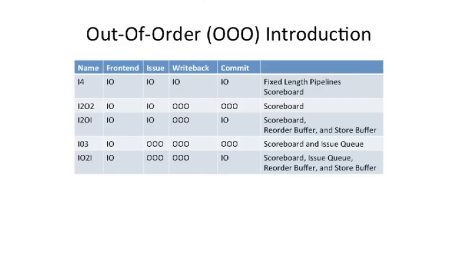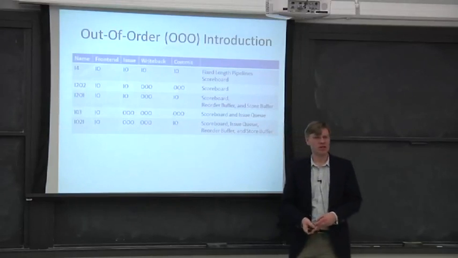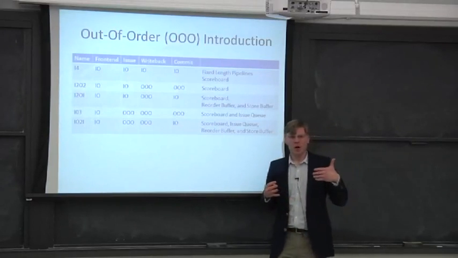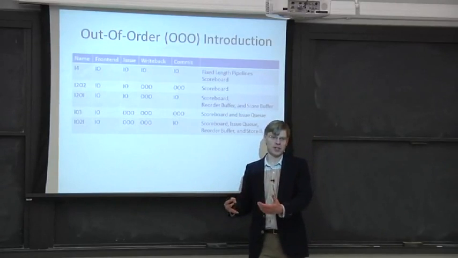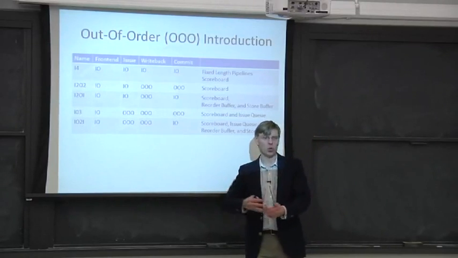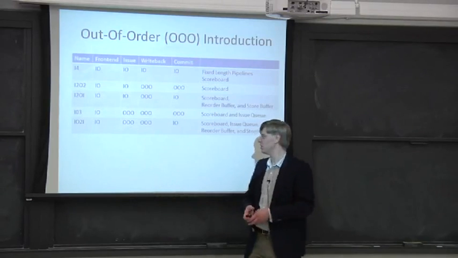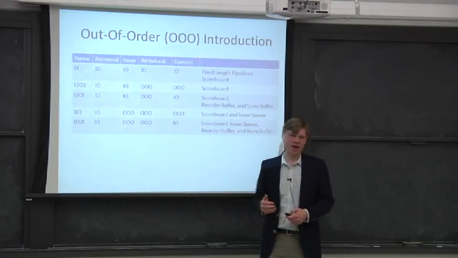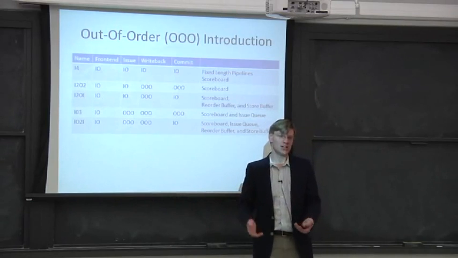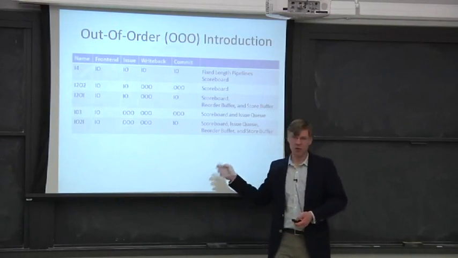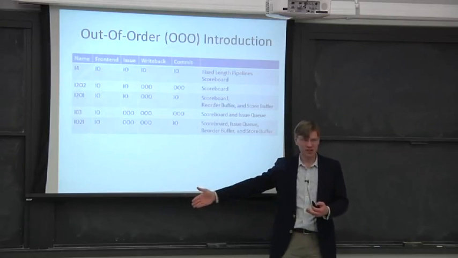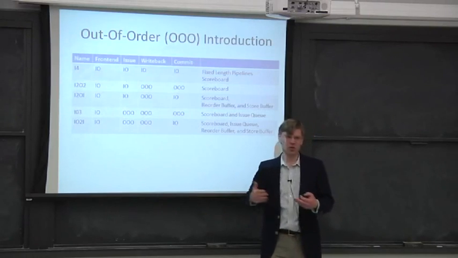Store buffer. This is something where we'll hold off storing to memory until the commit point, because we don't want to write to memory too early, because that would effectively be committing. So this is one important thing to remember about commit points. What is an important notion of a commit here?